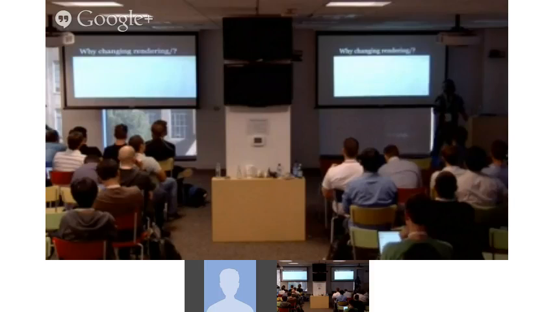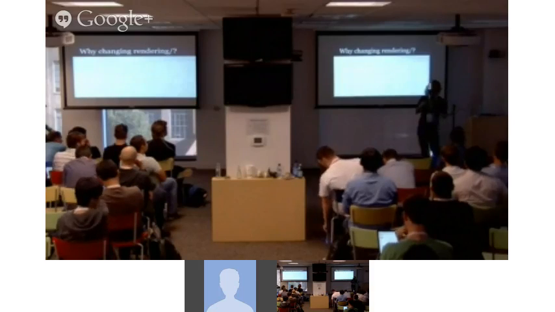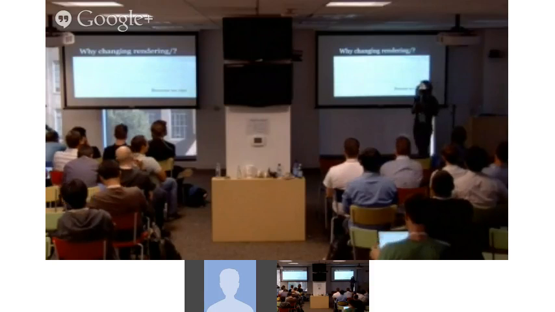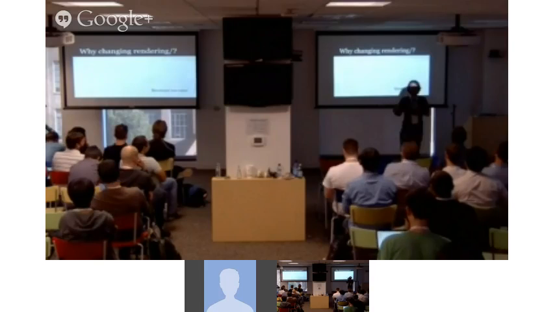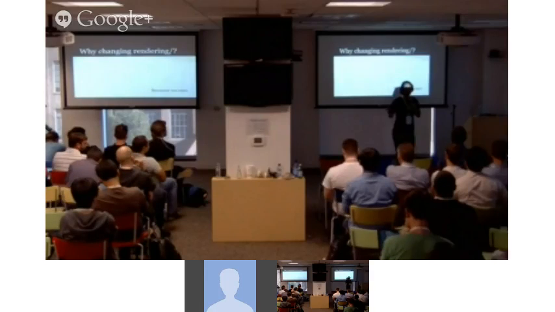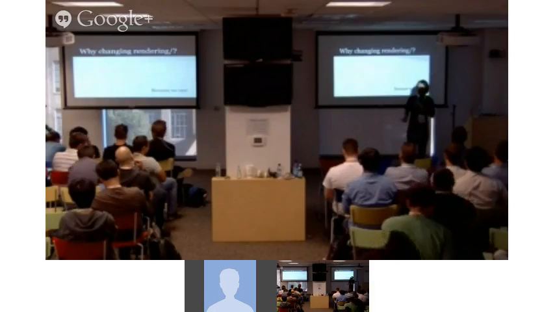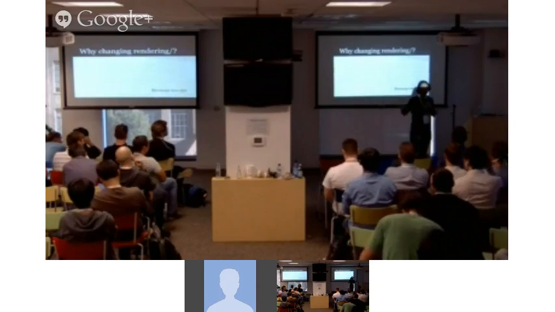So first, why do we want to change rendering? Well, I kind of gave the answer already, but I think it's because we can. That's pretty much what it is. A lot of the constraints we used to have are just gone. And it's a good time to actually start experimenting with alternative designs. Some of them may be worse, but at least we learn something in the process.